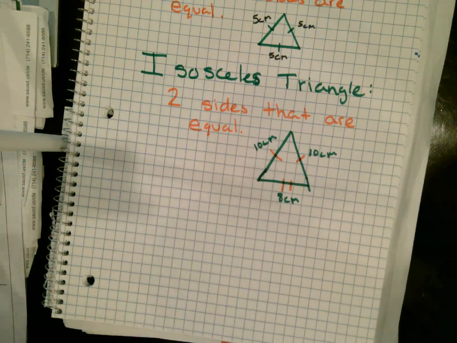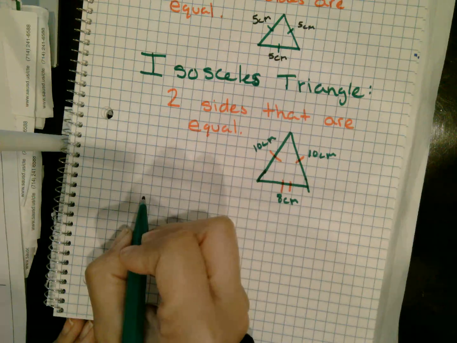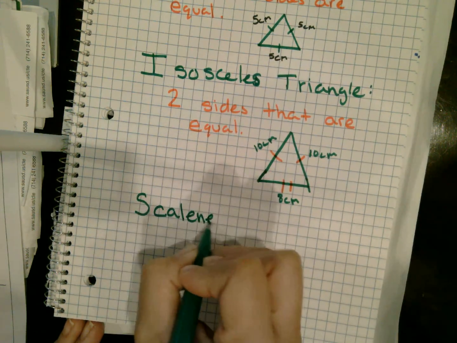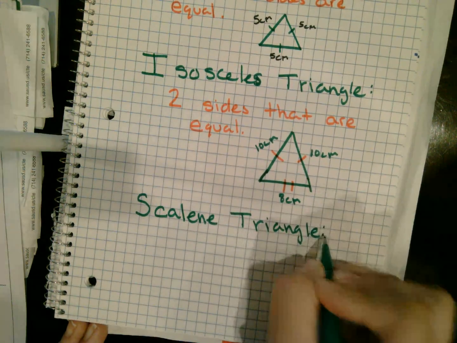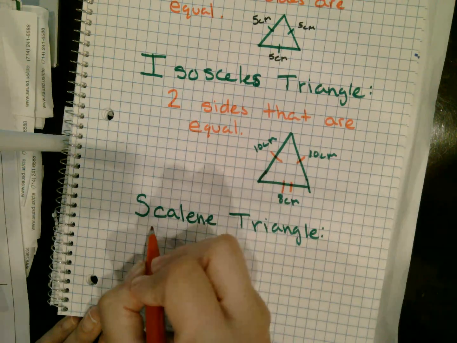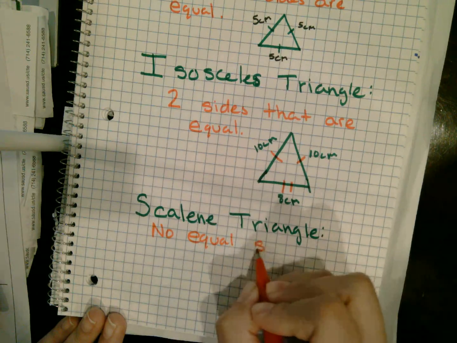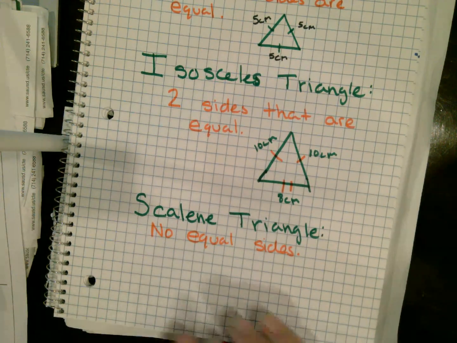All right, the last vocabulary word for the day is called a scalene triangle. A scalene triangle has no equal sides. Zero equal sides, okay?